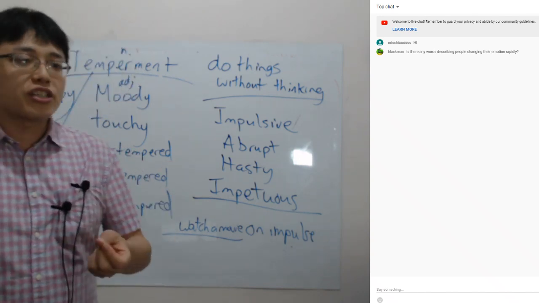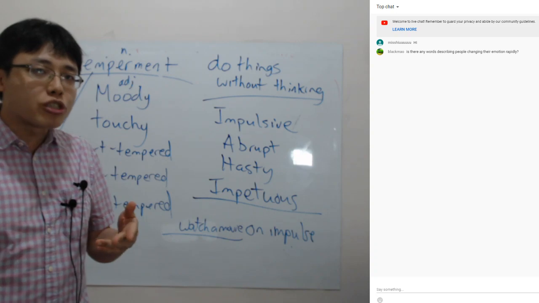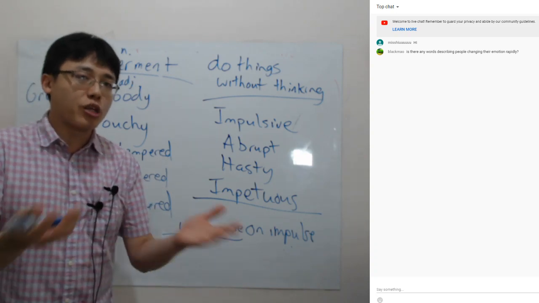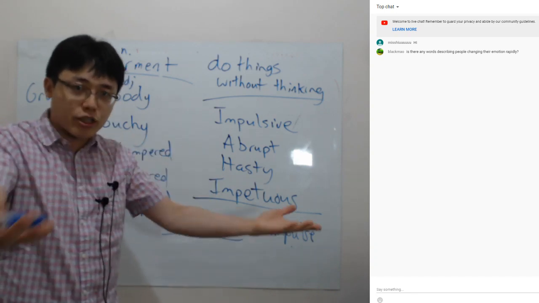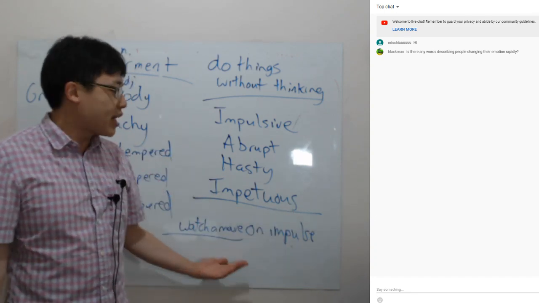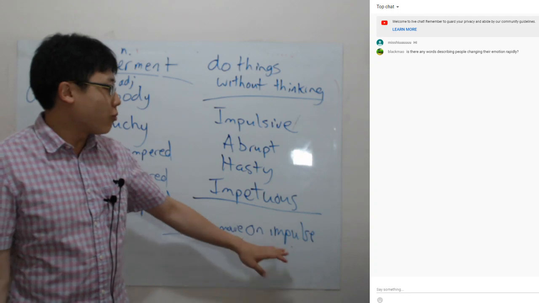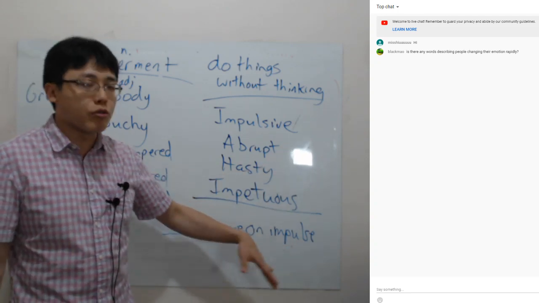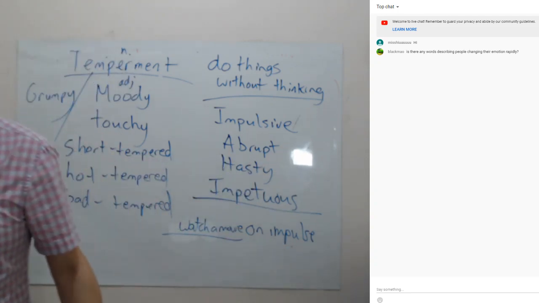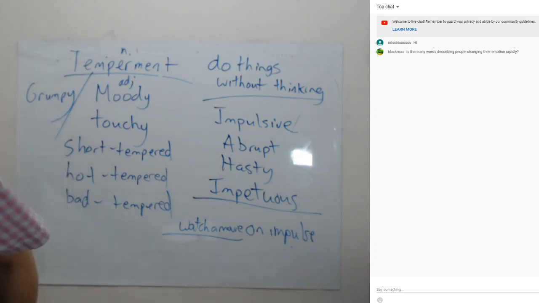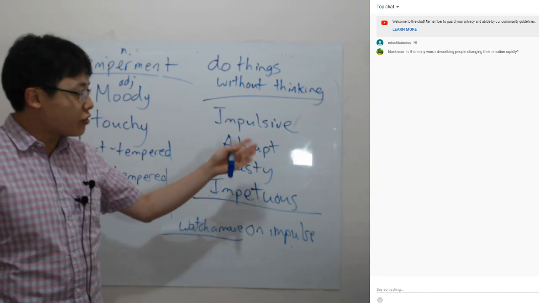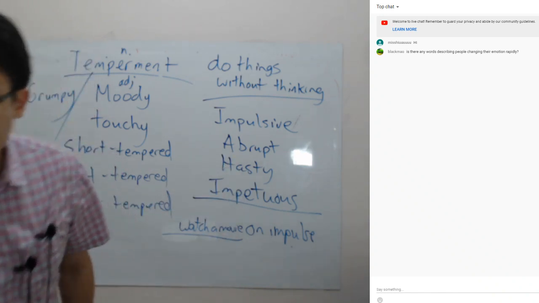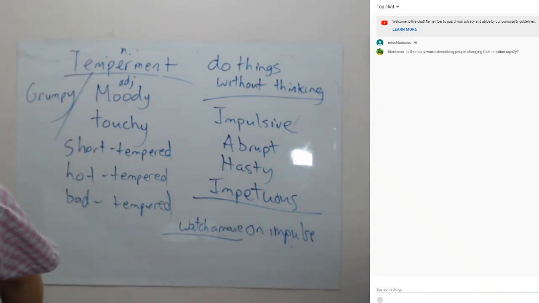As an example, you may see an ice cream store, and all of a sudden you really want to eat it. You buy it without thinking. You just see it, it attracts you. So you bought ice cream on impulse. So you can also use this language to describe doing things when you're not really thinking. But if you want to describe people who are like this usually, then you can call them impulsive, abrupt, hasty, and impetuous.